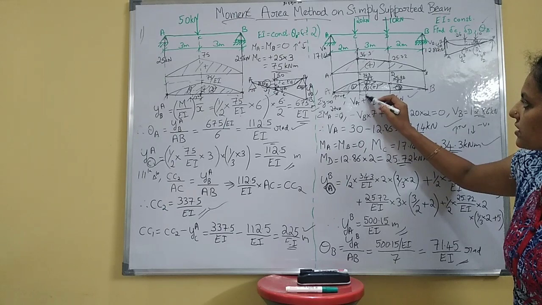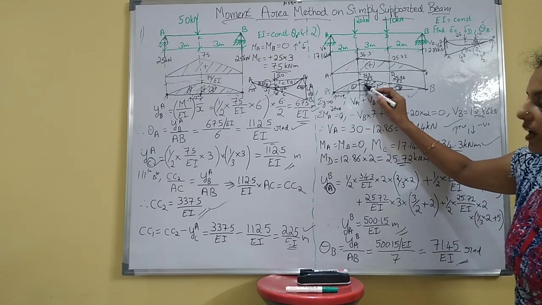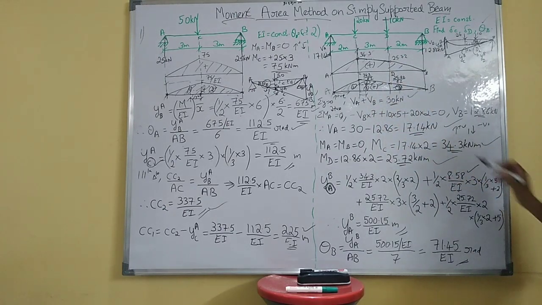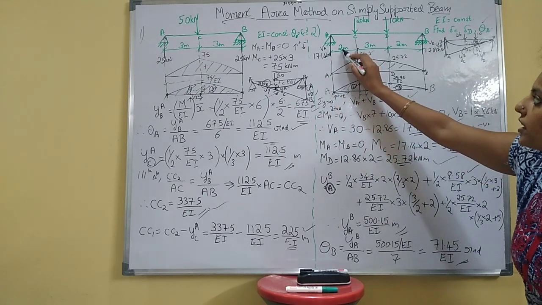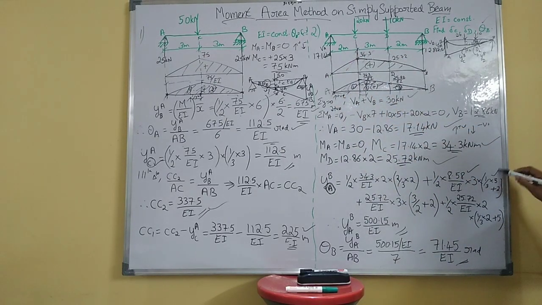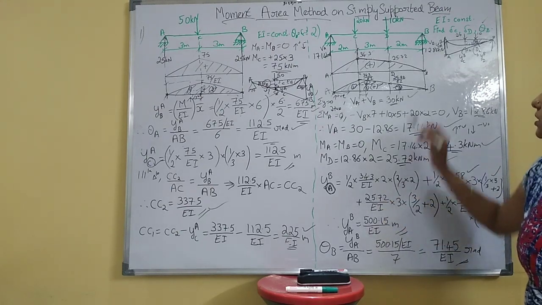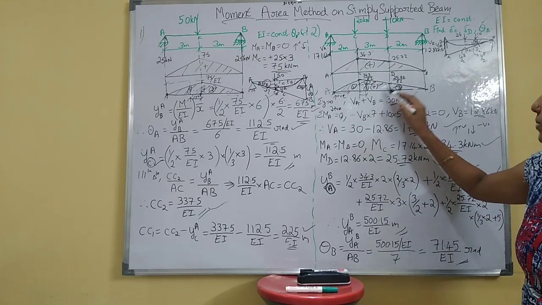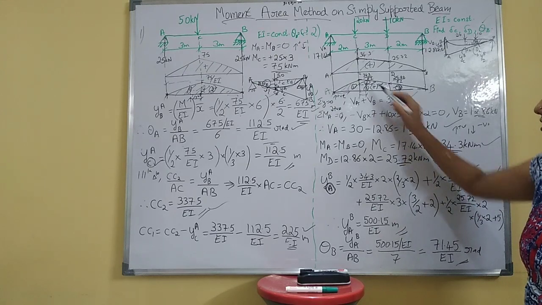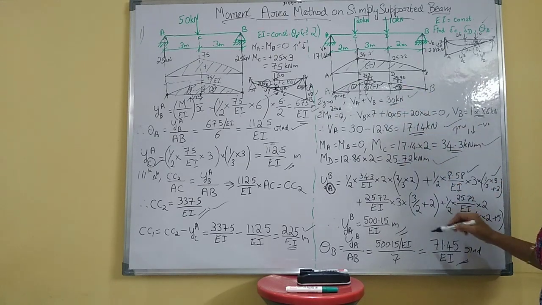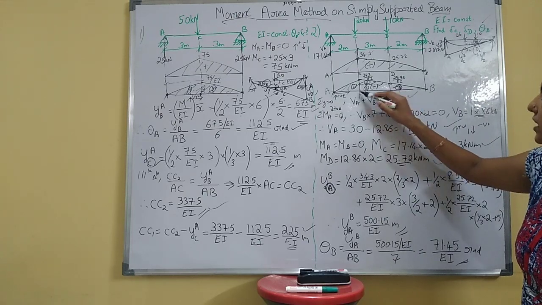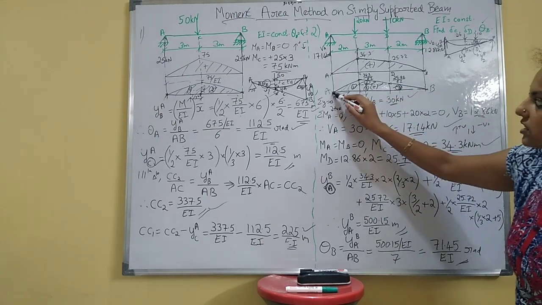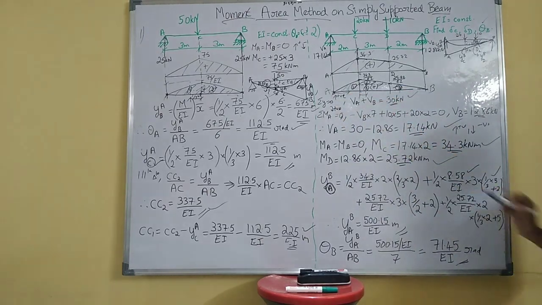Take this centroidal distance first, this is nothing but 1/3 of 3 plus you have to consider up to point A, so plus 2. Next this one, that is 25.72 by EI into 3, that is a rectangle part, into area of rectangle part, and centroidal distance half of it, that is 3/2, plus you have to consider up to point A, so plus 2.